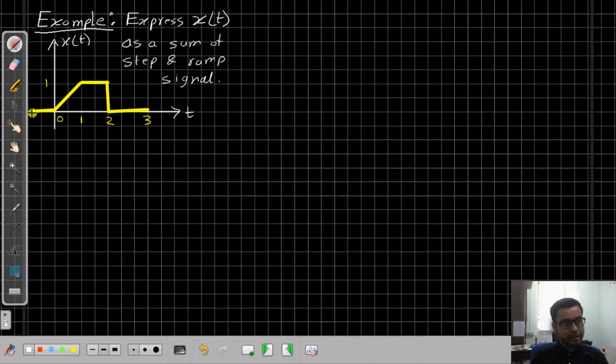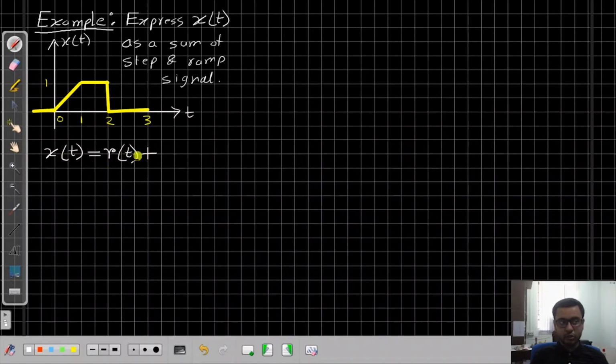We shall start from the left side of the signal, and from the left side you observe that this signal looks like a ramp signal. It is initially 0 and then increases linearly. So we can write that x(t) is equal to our ramp r(t) plus some other components.